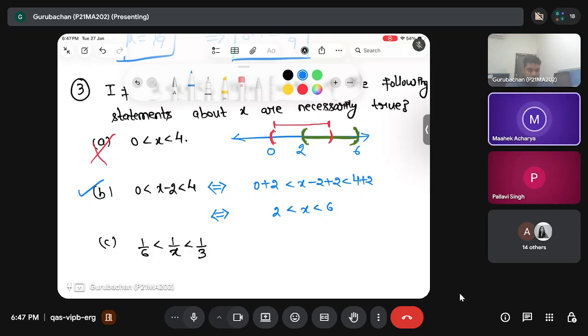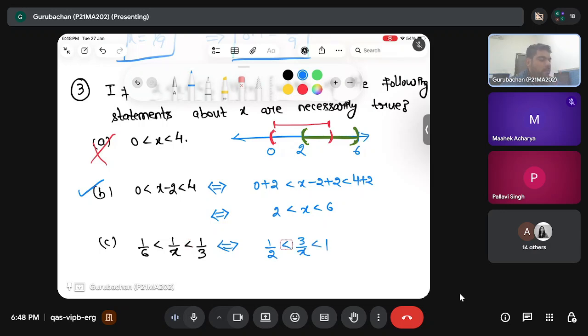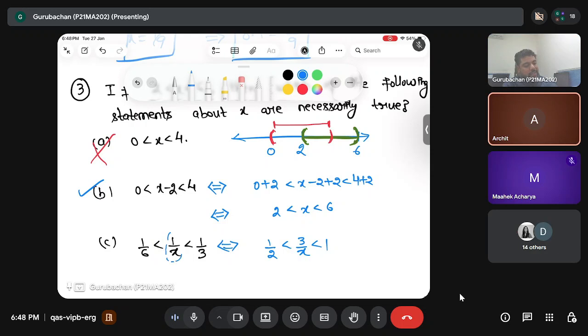See, you have to compare the range of x. Observe that here your x lies in the denominator, so what do you have to do? You have to take the reciprocal.